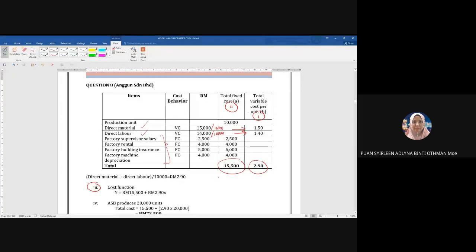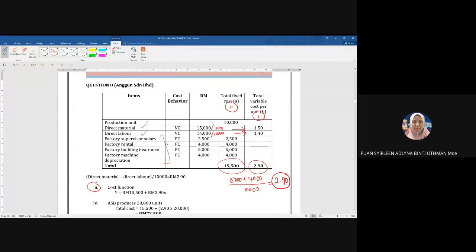Okay, boleh tak combine? Boleh. You combine 15,000 campur, sebab kita dah tahu dia variable cost kan? Campur 14,000. You bahagi dengan 10,000. Betul lah. Still juga jawapan you RM2.90. Ada kosong ya di belakang, bukan 2.9.